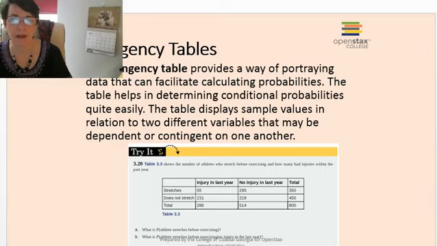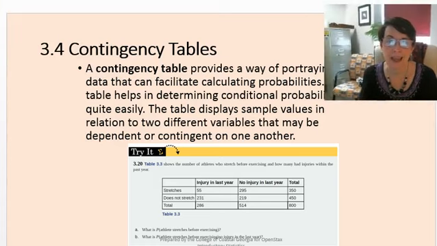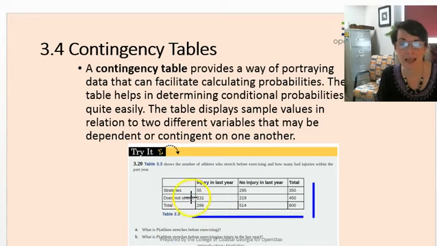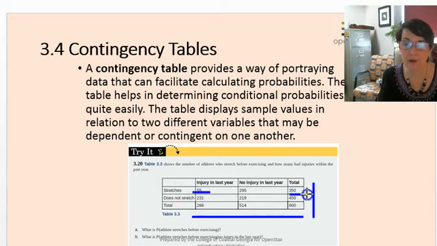Contingency tables we talked about in one of the other areas this week. And this is a nice contingency table because it actually totals. You notice at the bottom we have the totals, and on the side we have the totals, so that I can more easily pull my probabilities out. If I can take this number, I don't have to add up, I can just take it out of the total of those that do stretches.